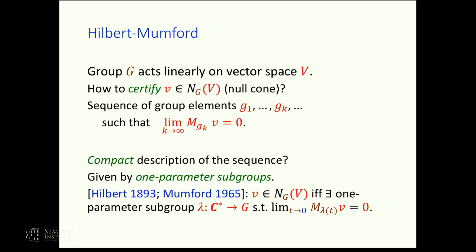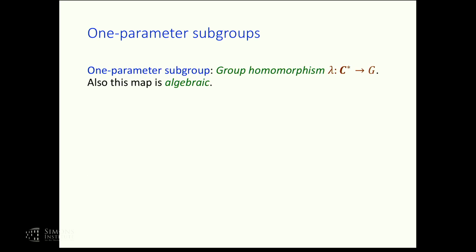You don't have to follow the next slide. I just give some examples of one-parameter subgroups, which you may be familiar with. If your group is just the complex numbers under multiplication, then one-parameter subgroups are just integer powers of your parameter.